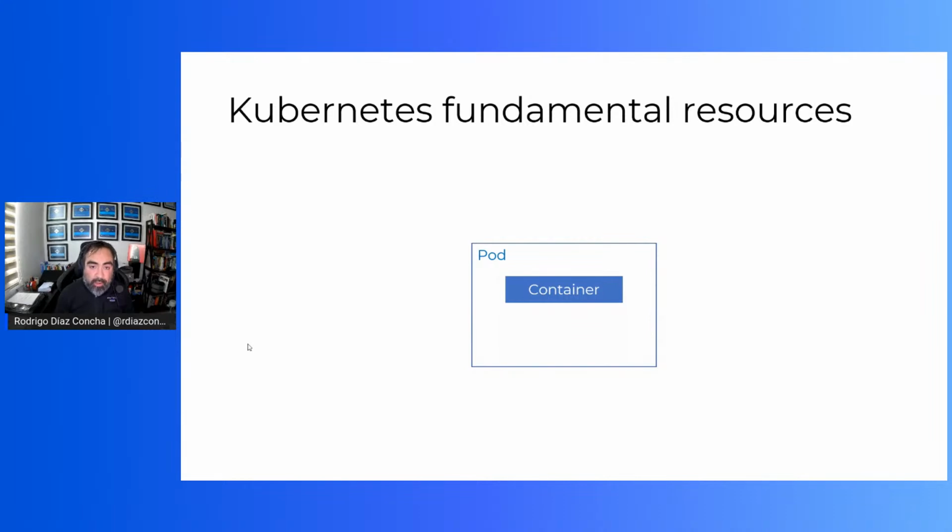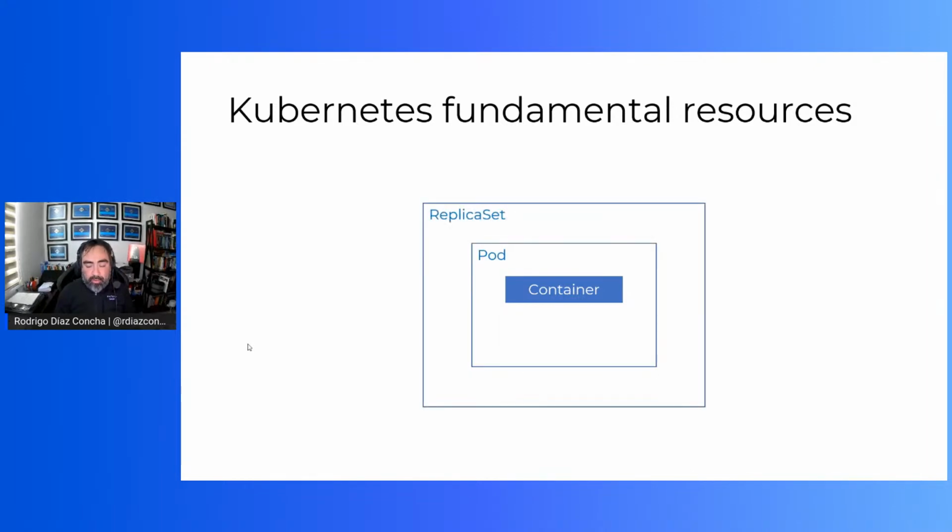You can have one container, or you can have more than one container if you're, I don't know, implementing the sidecar design pattern or other design patterns that use more than one container. And those pods, it's quite strange if you deploy them directly.